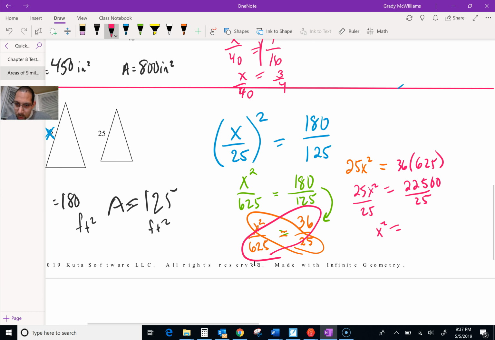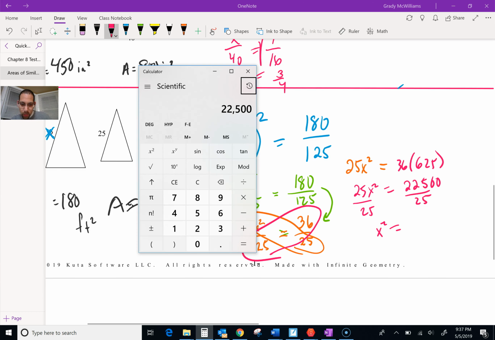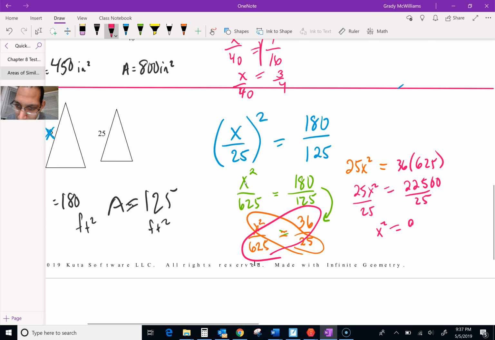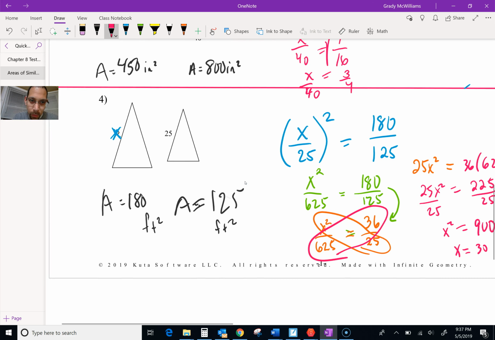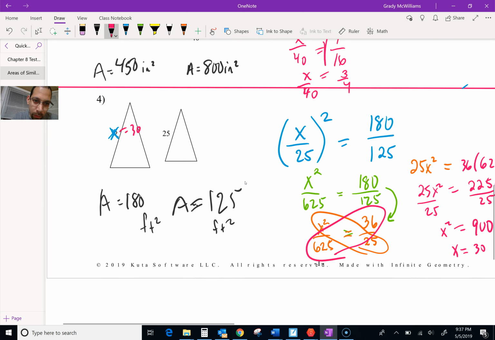You'll get x squared all by itself. 22,500 divided by 25 equals 900. And then you take the square root on both sides, which will make this answer 30. Okay, so there you go, 30.